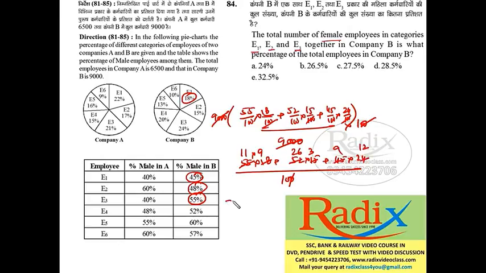So this is 99 plus 78 plus 108 by 10. This is what our answer. This is 285 by 10, or 28.5%. Answer is D option.